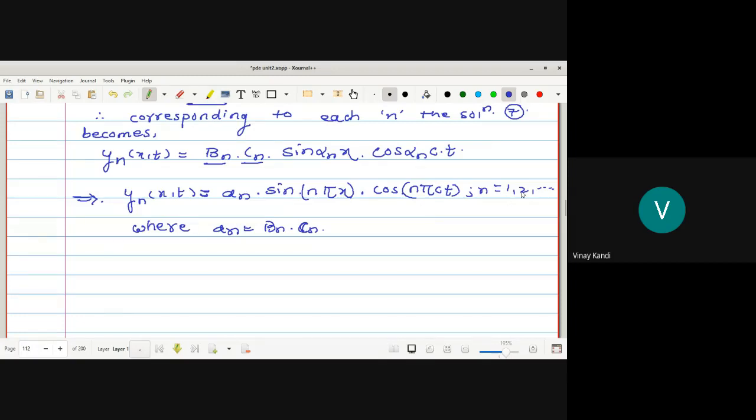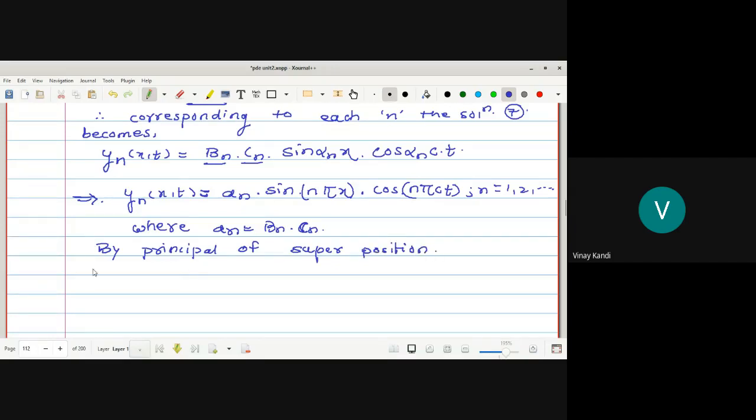Here n runs from 1 to infinity, so we can write by the superposition principle. Yesterday I sent the image, so look at how the superposition works.